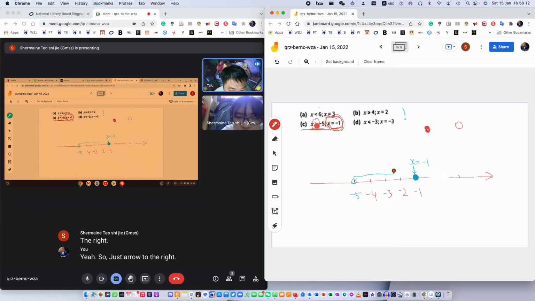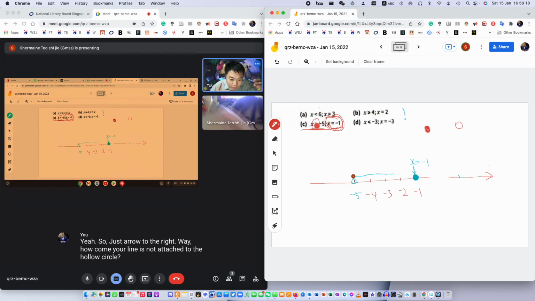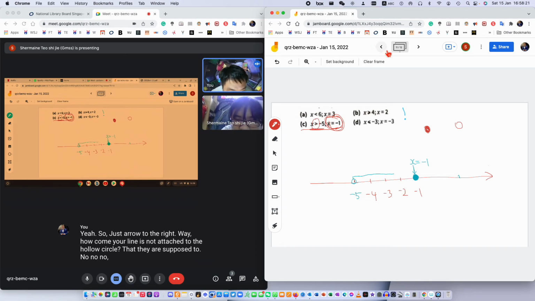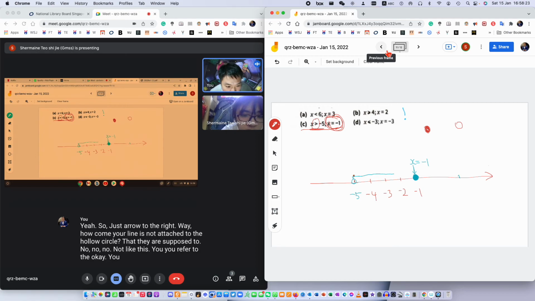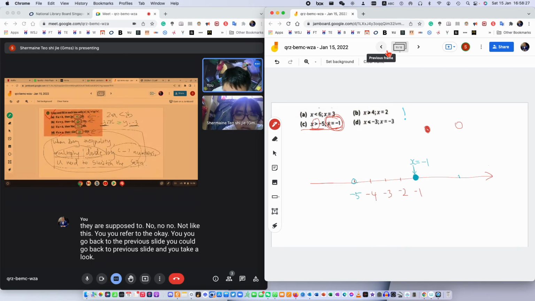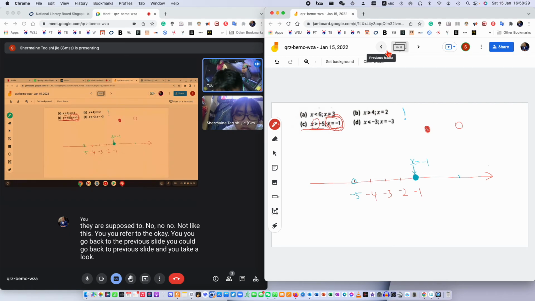Wait. How come your line is not attached to the hollow circle? They are supposed to be. No, not like this. Go back to the previous slide and take a look. Are they? Okay, never mind.